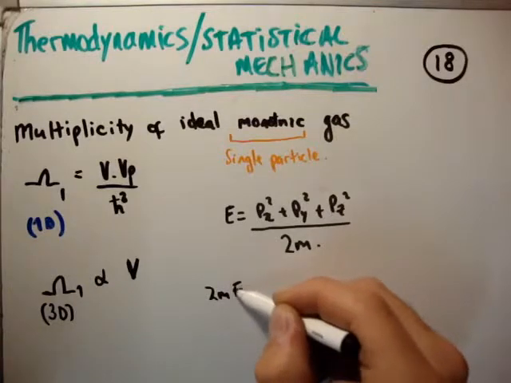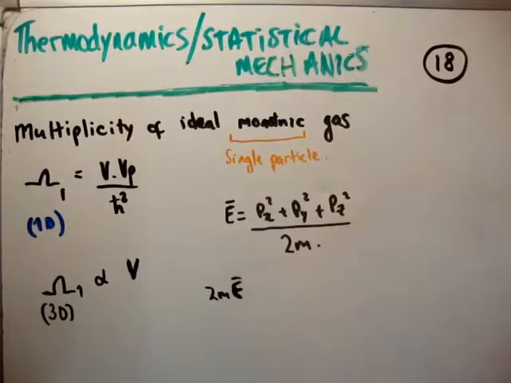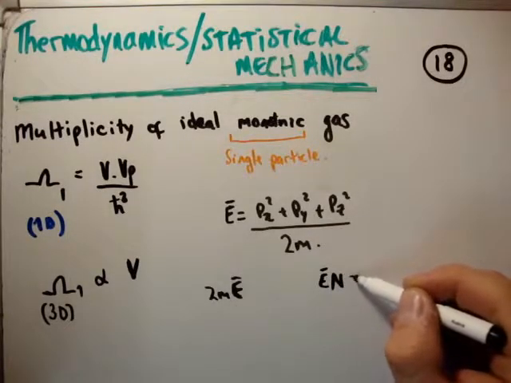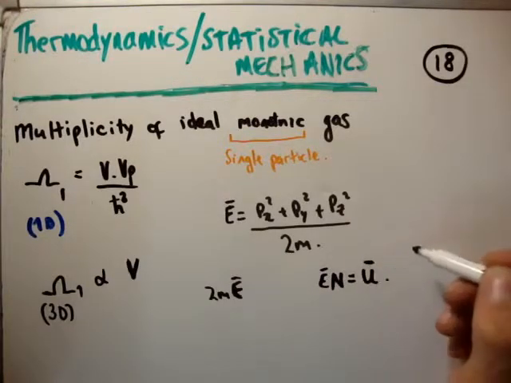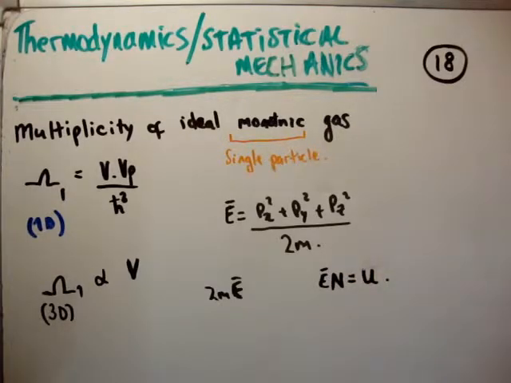Actually, by the way, let's talk about an average energy of the particle, to be specific, and we know later on we can say the average energy of the particle multiplied by the number of particles is equal to the total energy U, or the total average energy, but in actual fact, because the fluctuations are so small, we say that it's actually the total energy. So let's just deal with the average energy of a single molecule at the moment.